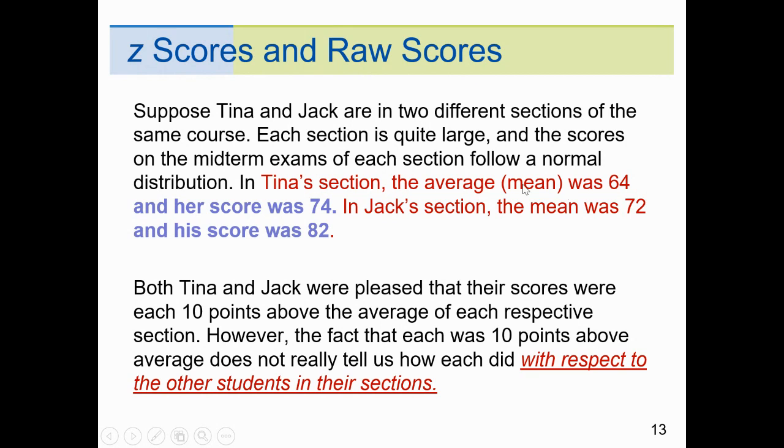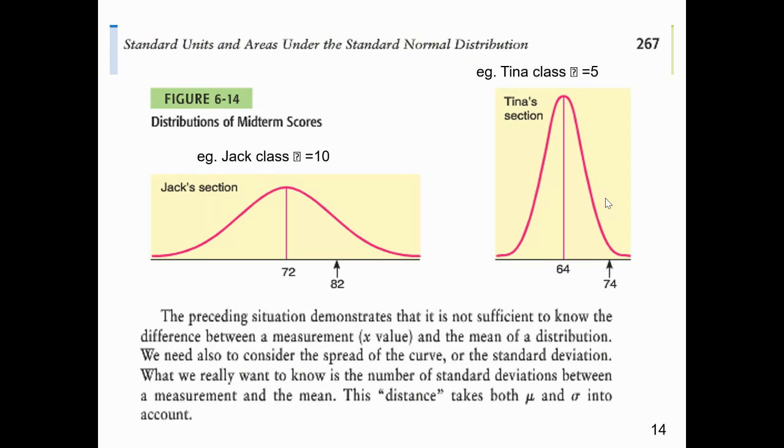In Tina's section, the average mean was 64, her score was 74. In Jack's section, the mean was 72, his score was 82. Both Tina and Jack were pleased with their scores. Each was 10 points above the average. However, the fact that each was 10 points above the average doesn't really tell us how each did with respect to the students in their sections.